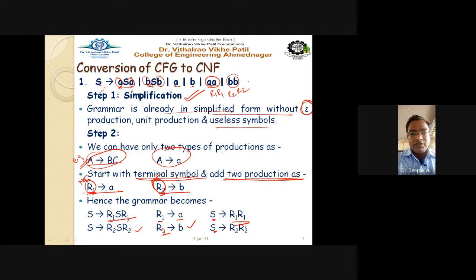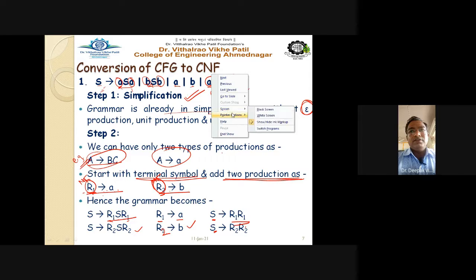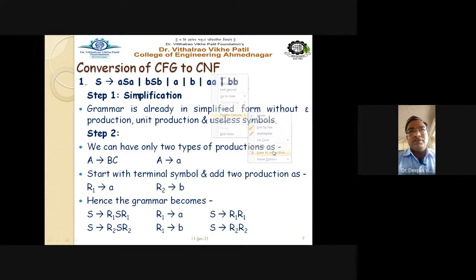Observe it once again carefully, how we are converting the CFG into CNF. First, simplification: the grammar must be in a simplified form, with no unit production, no epsilon production, and no useless symbol. Then we directly start converting the context-free grammar into Chomsky normal form.